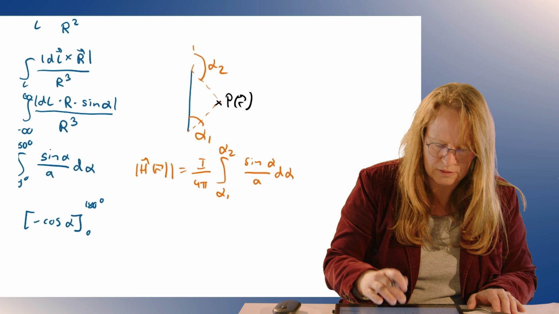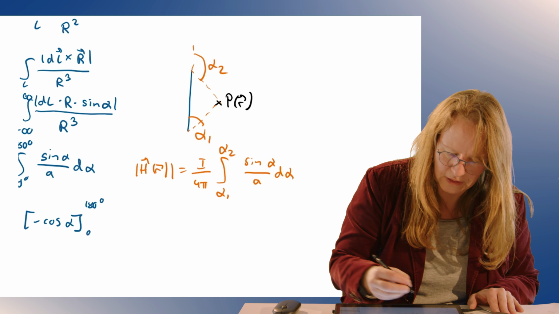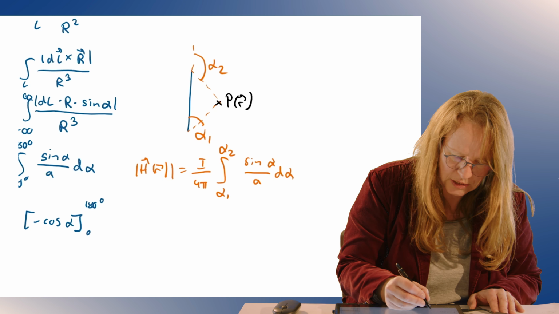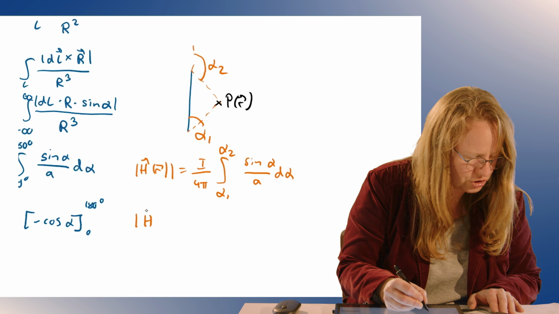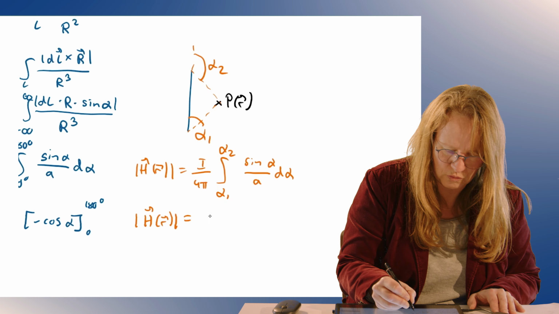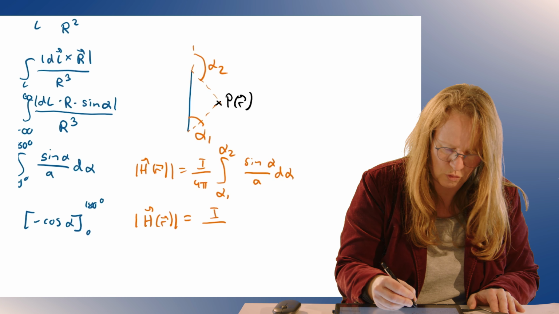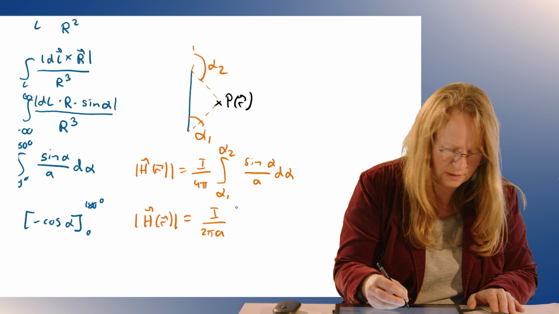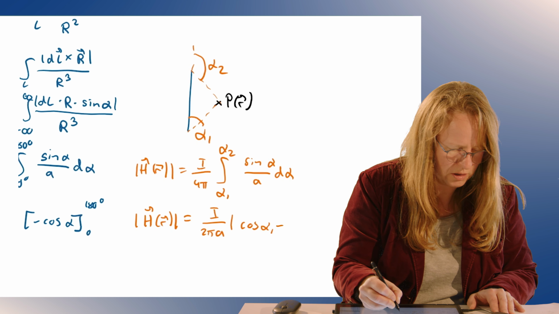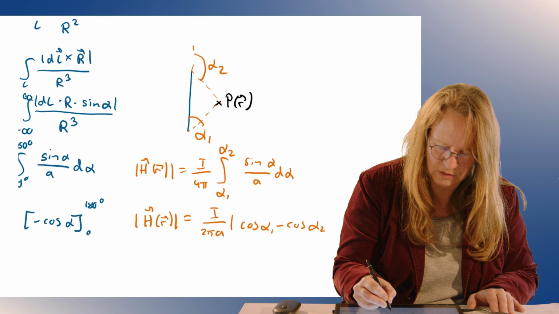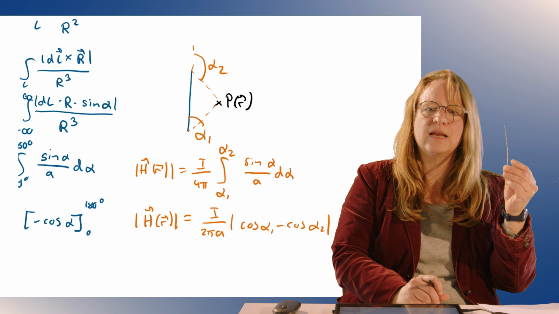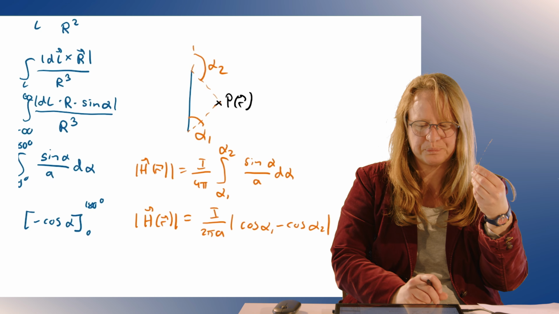And if we solve this integral, we get h of r equal to I over 4 pi a, absolute value of cosine of alpha 1 minus cosine of alpha 2. And this is our result for the finite piece of wire.